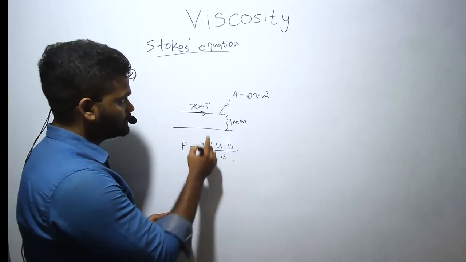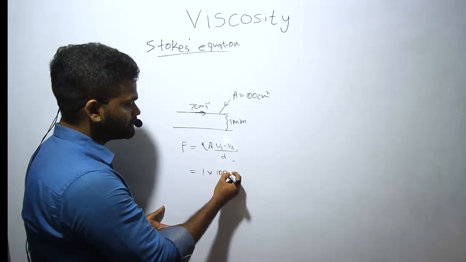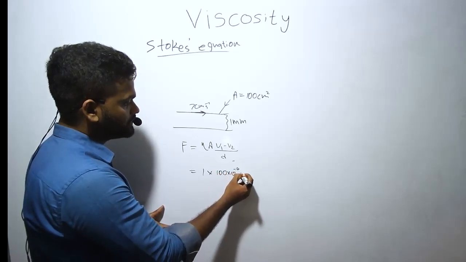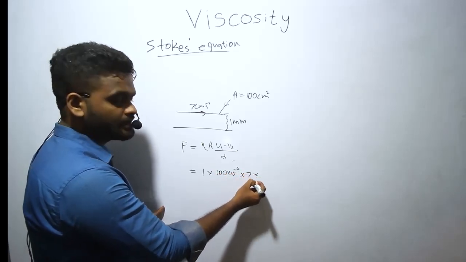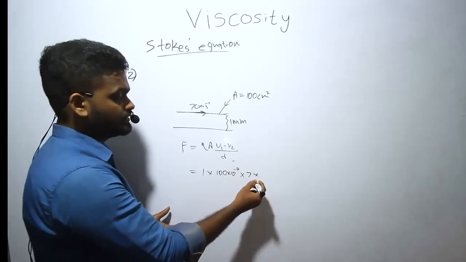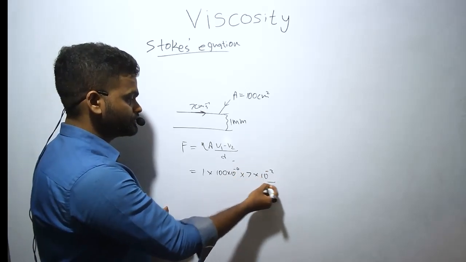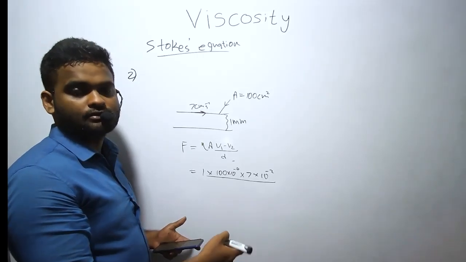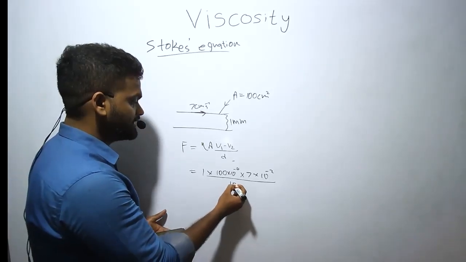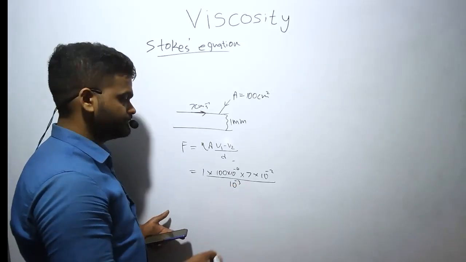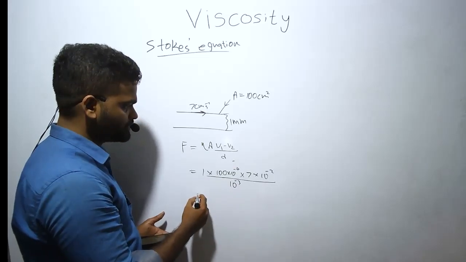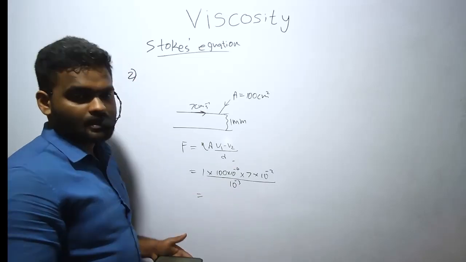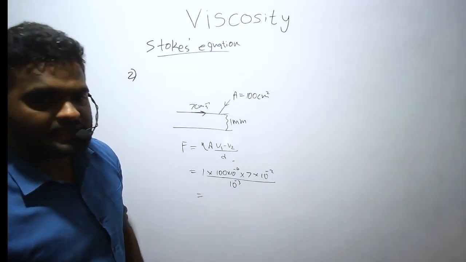Eta is 1, area is 100 times 10 to the power minus 4, velocity 7 centimeters has to be converted, right? 10 to the minus 2, divided by 1 millimeter, also converted into meters. So that is 10 to the power minus 3 meters. Then you do the simplification. So this can be easily simplified, right?